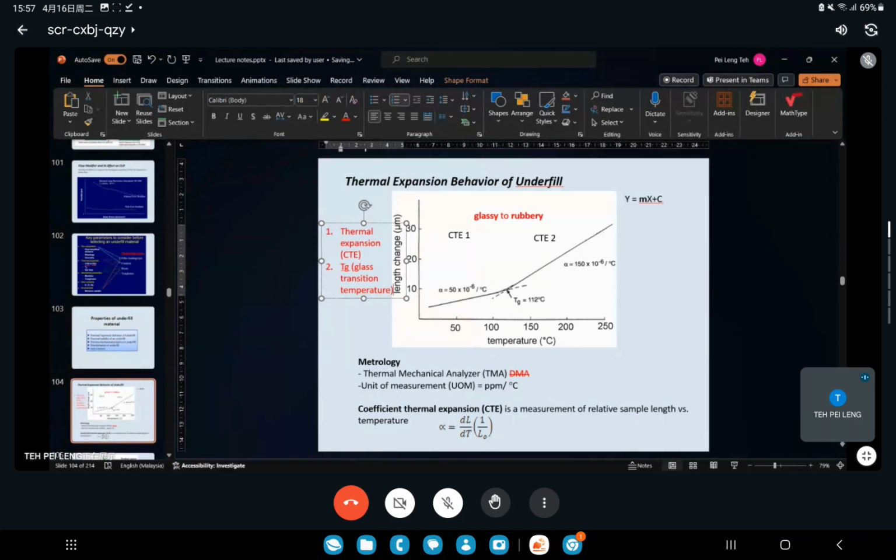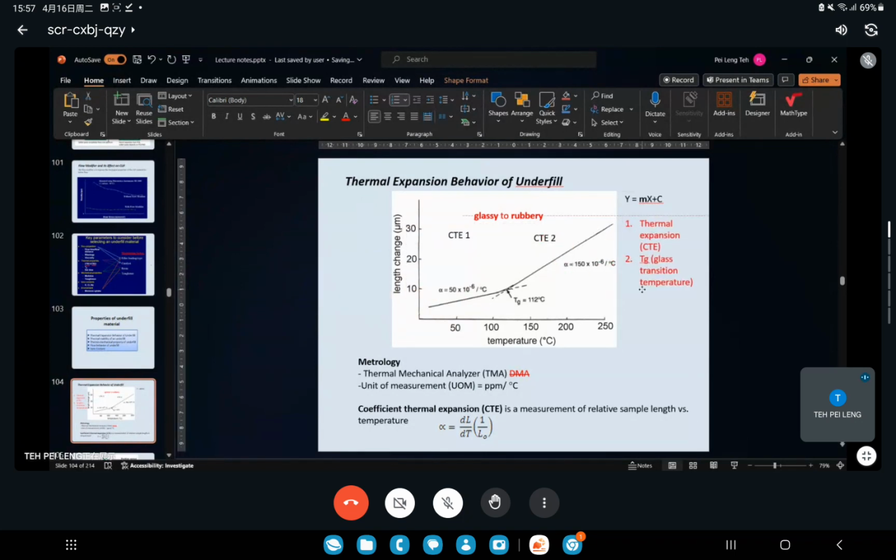Okay, okay. So this is something new to you. So I want you to listen carefully. This is important, yeah. So the unit will be ppm per degree Celsius. As I explained to you why they use ppm, because it's 10 to the power of -6, which is in micron size.